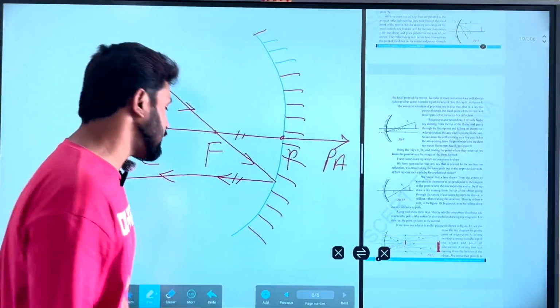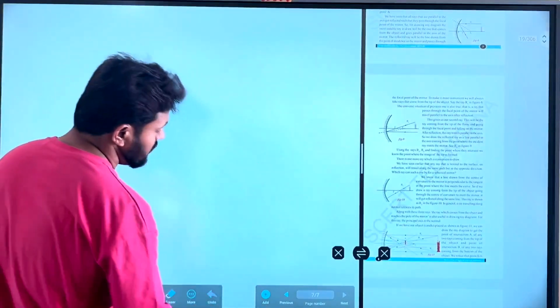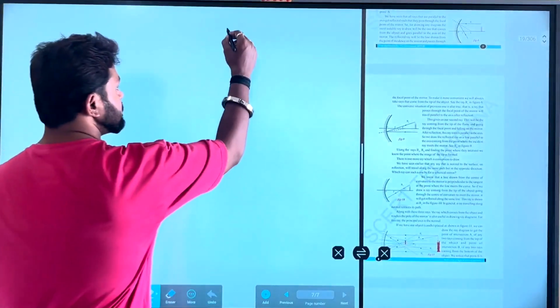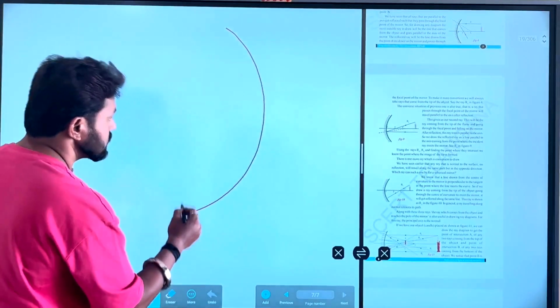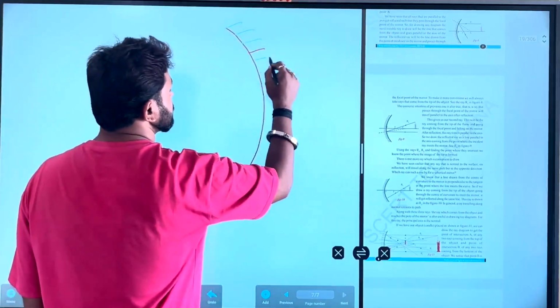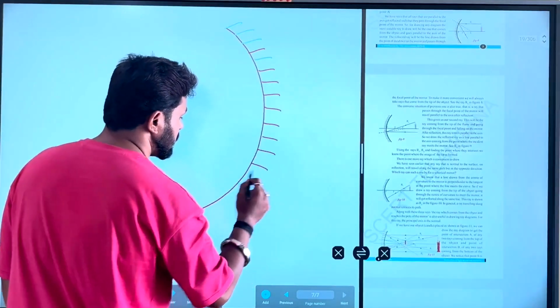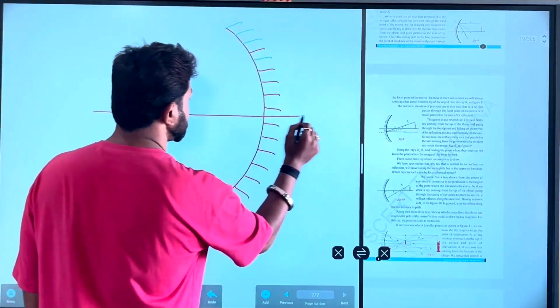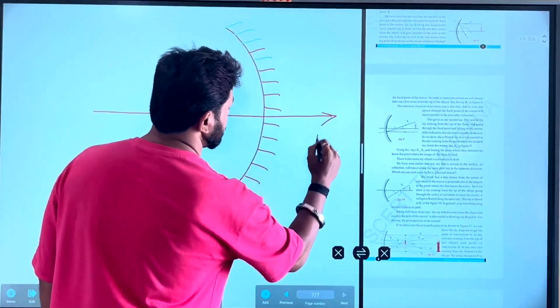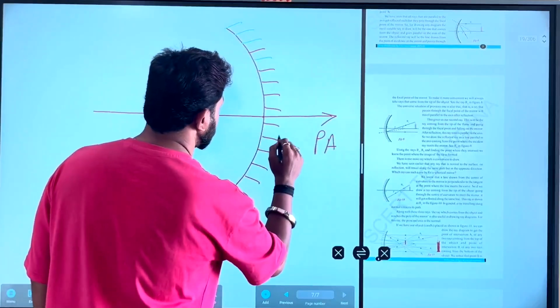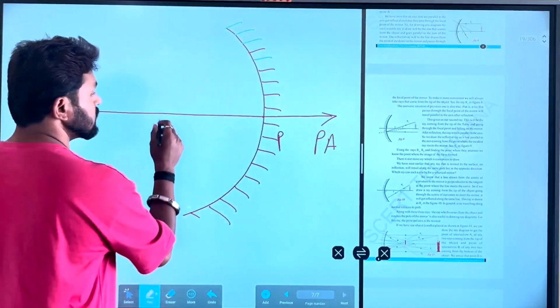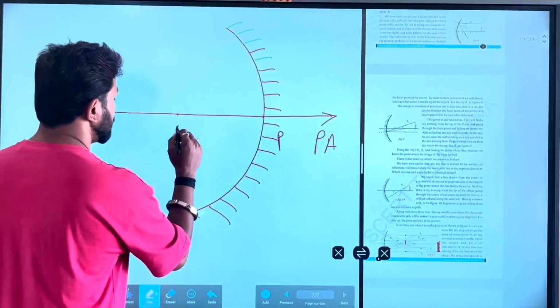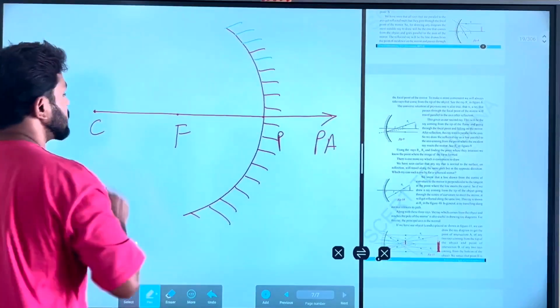Now the third rule. The third rule says that, let's say this is PA, this is the pole, this is the focus, and this is the center of curvature.